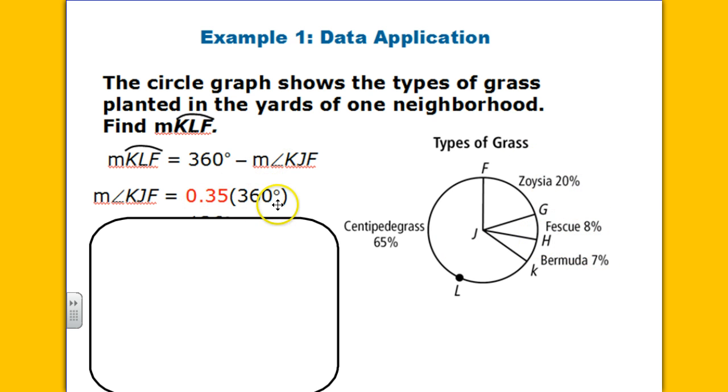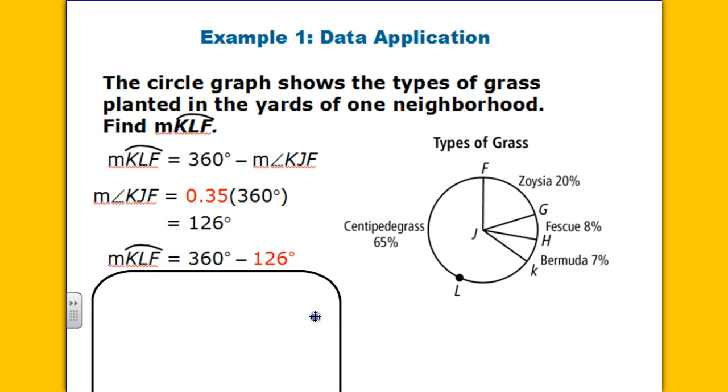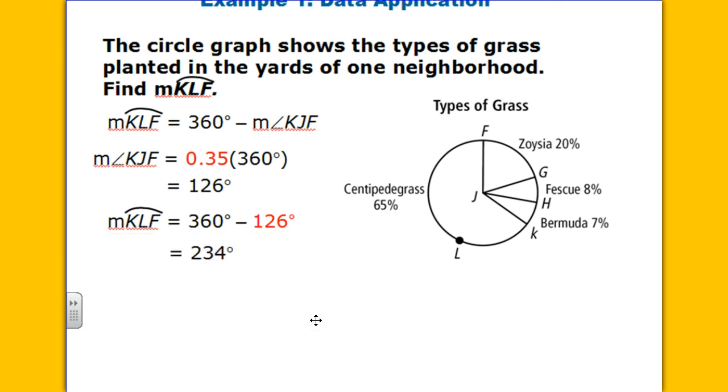So 35% of 360 gives us this minor arc of 126 degrees. And now when we subtract that from 360, we have our 234 degrees. That is the measure of the arc KLF. Could we have also found it by using 65% of 360? Yes, we could.